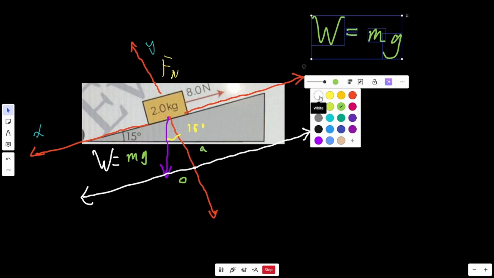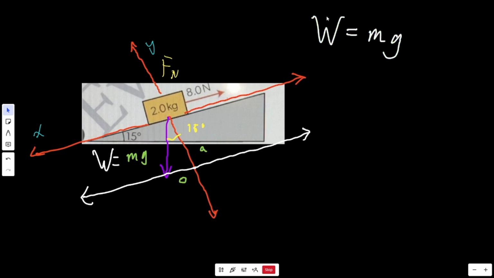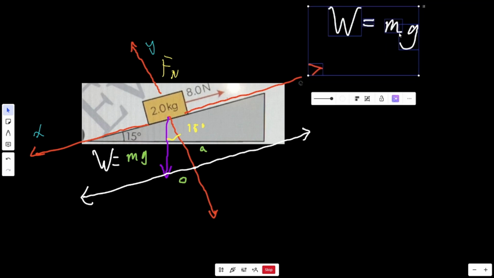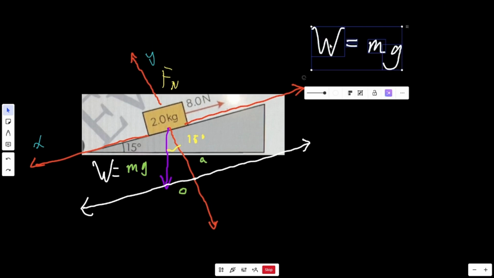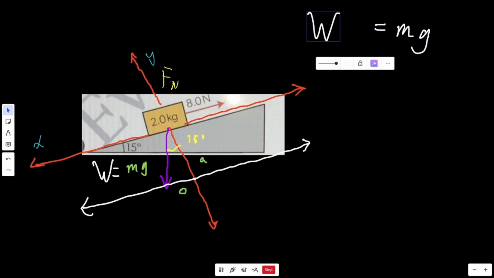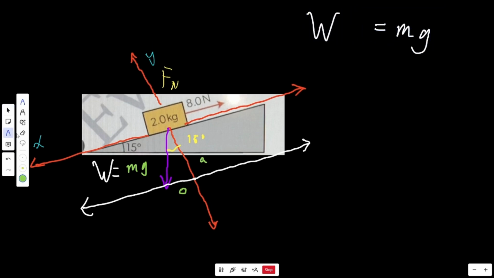However, we're not looking for the purple line, we're looking for the white line. So we're just gonna alter this a bit and make it in terms of our vector component. So our vector component here will be labeled as W par, which is equal to mass times G par rather. And what is G par?